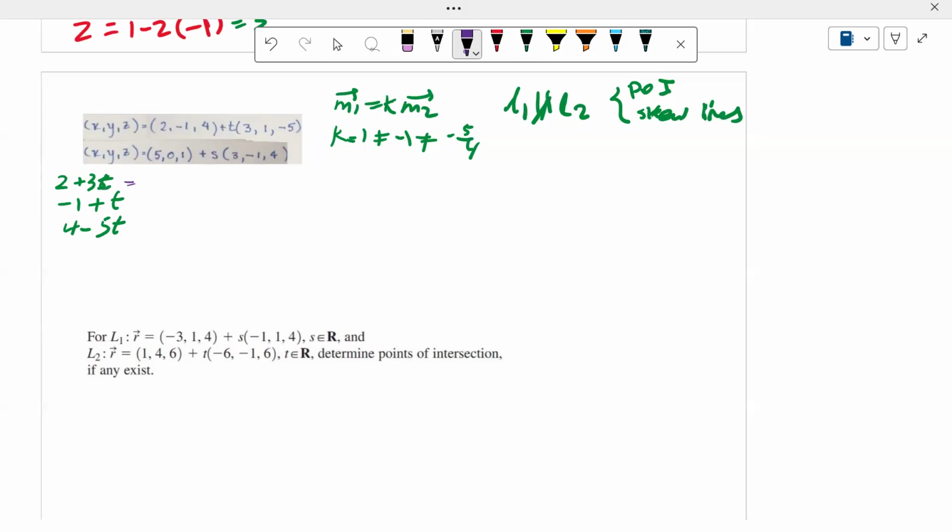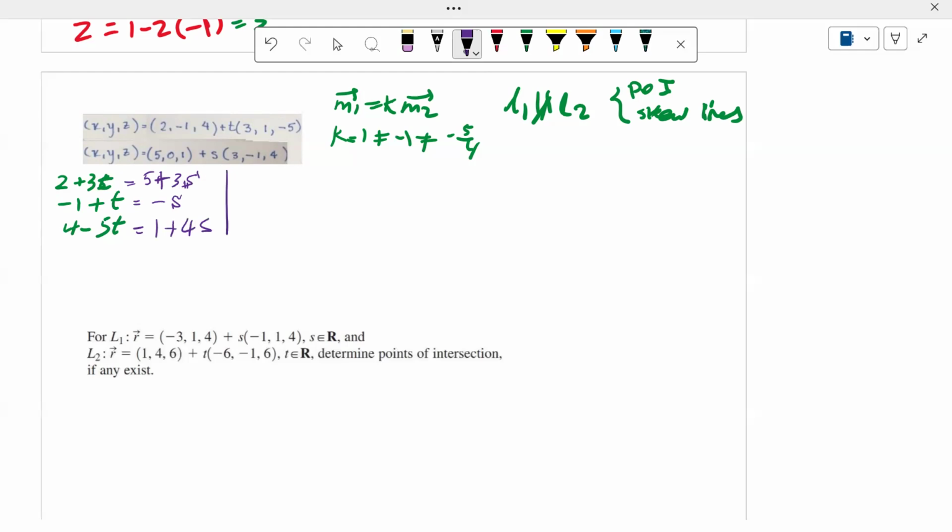This is equal to the second line. Parametric equation of the second line is 5 plus 3s, 0 minus s, or minus s, and 1 plus 4s.